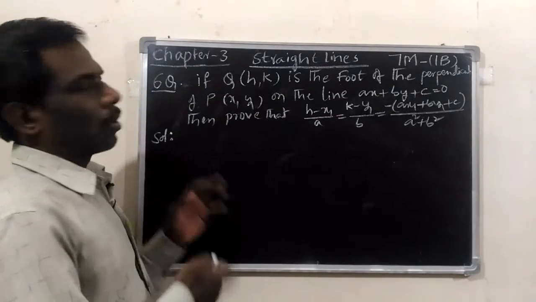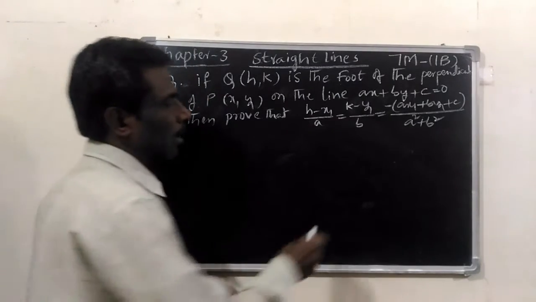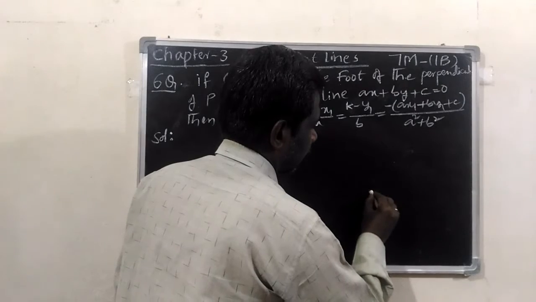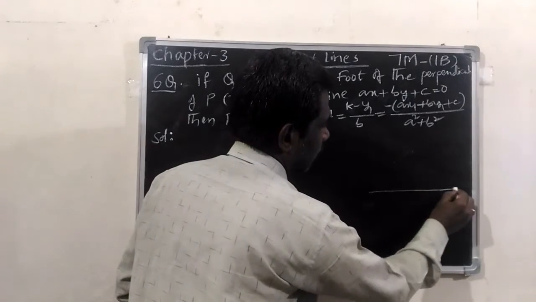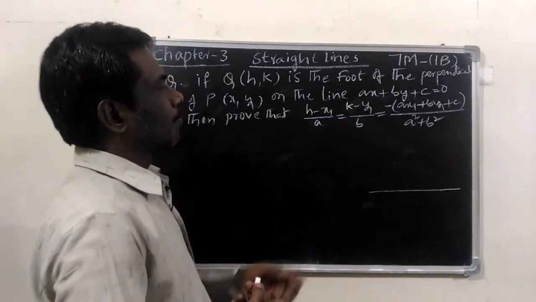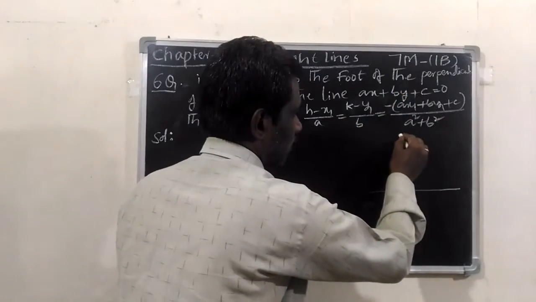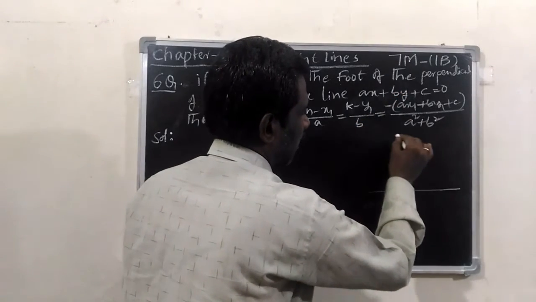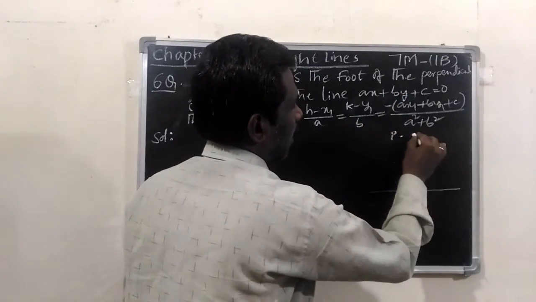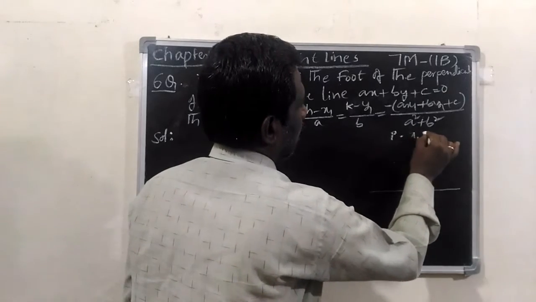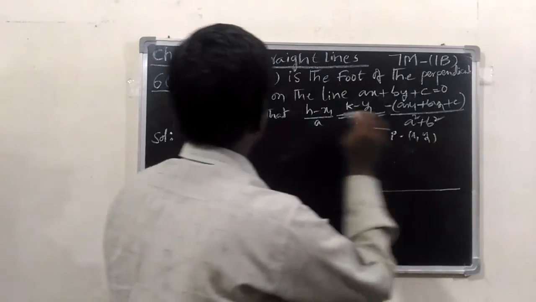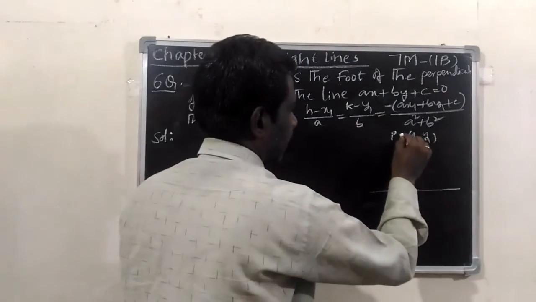Now solution is, first write this is the line ax + by + c, and here is a point that is P(x1, y1).